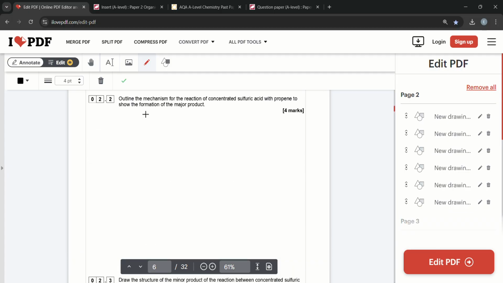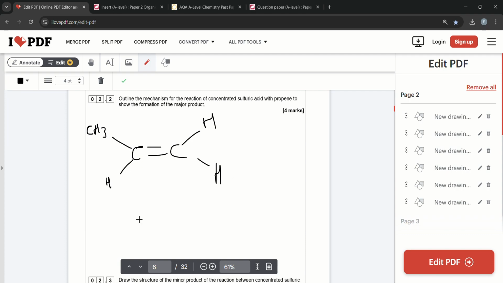Outline the mechanism for the reaction of concentrated sulfuric acid with propene. So we've got propene, CH3CH=CH2.